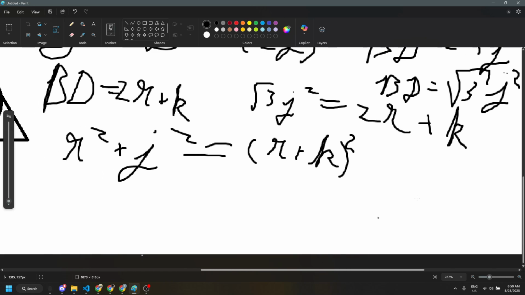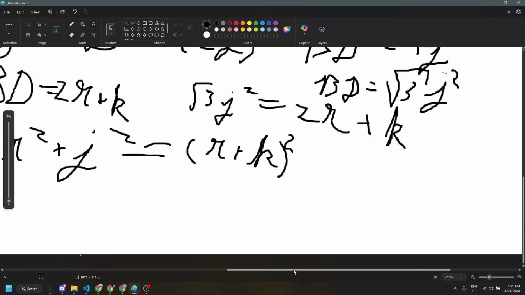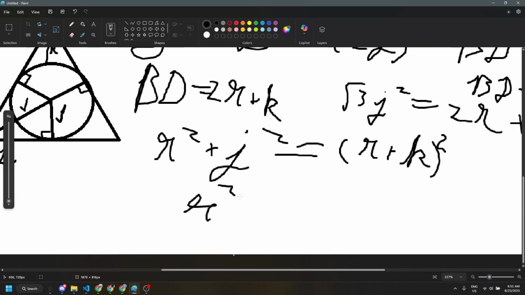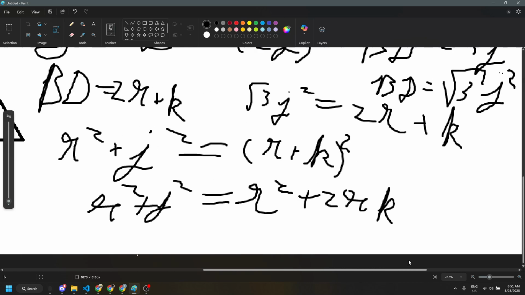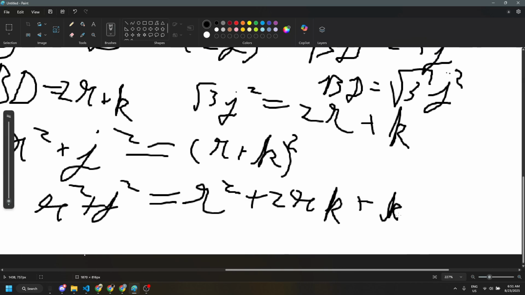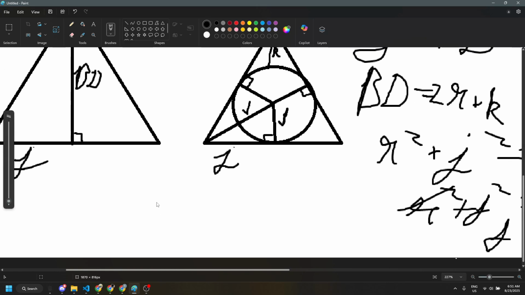Now we can have a system of two equations with two unknowns. Now what should we solve for? We should solve for K. So simplify this. We have R squared plus J squared is equal to R squared plus 2RK plus K squared. Cut R squared out from both sides. We have J squared. Let's plug R in.